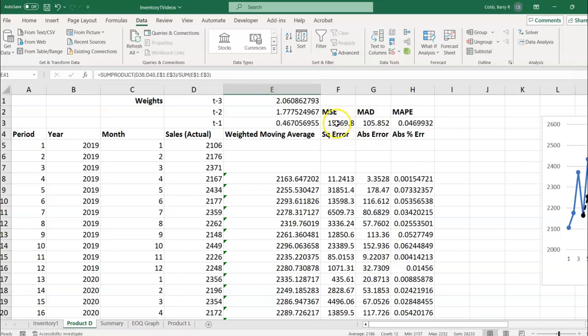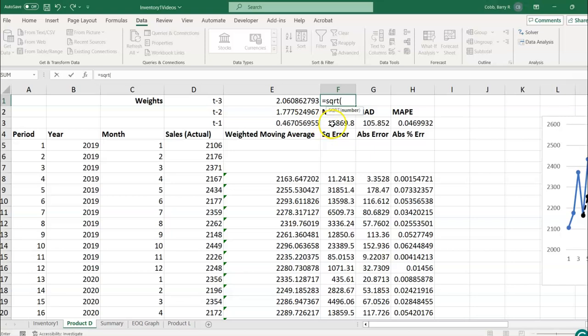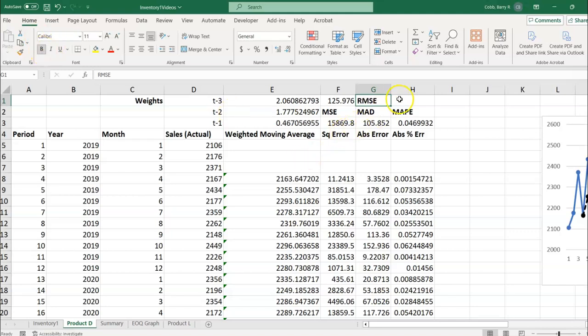Now, one of the error measurements that we measured was the mean squared error. And this is kind of like a variance in a way. And so if we were to calculate the square root of the mean squared error, that's a number that we call the root mean squared error, RMSE. Now, this is a monthly root mean squared error because this is a monthly forecast.